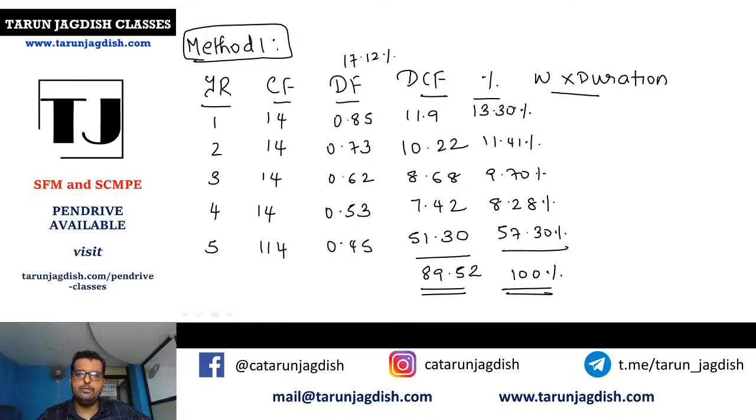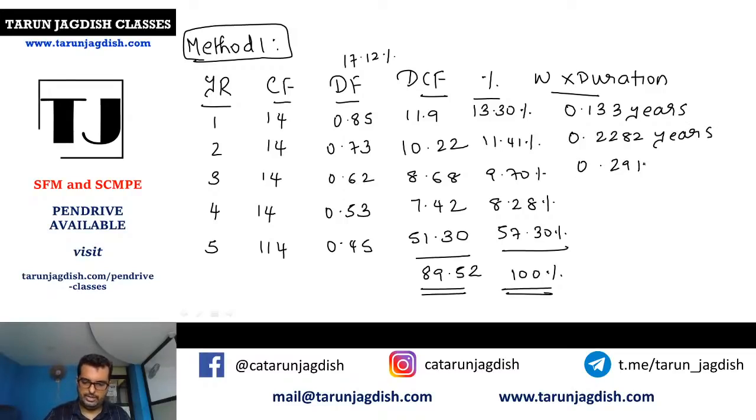Once I get that, here it will be weight into duration. So 1 into 13.3% will give you 0.133 years. Second one will be 2 into 0.1141, which is 0.2282 years. Third one will be 0.097 into 3, that is 0.291 years. 4 into 0.0828 will be 0.3312. 5 into 57.3% will be 2.865 years.